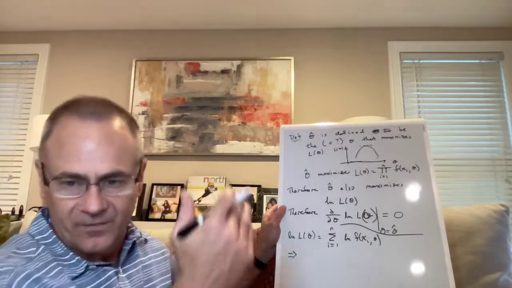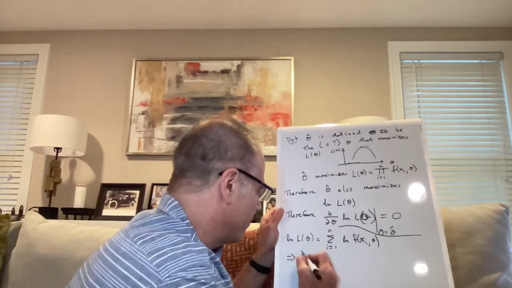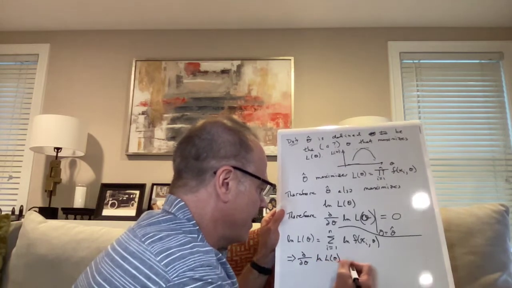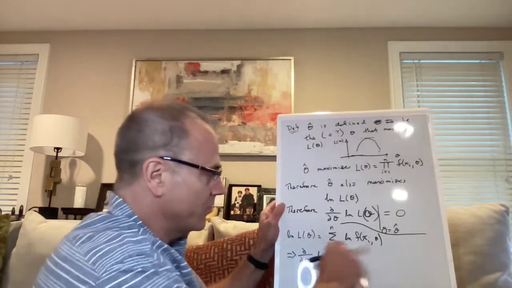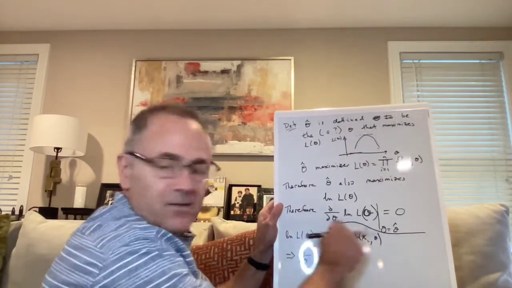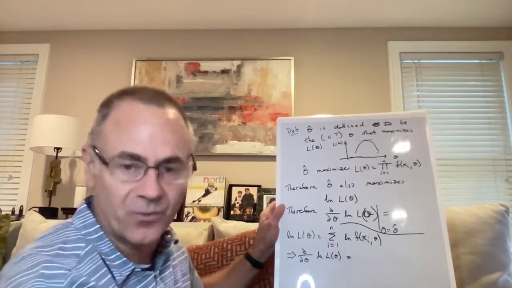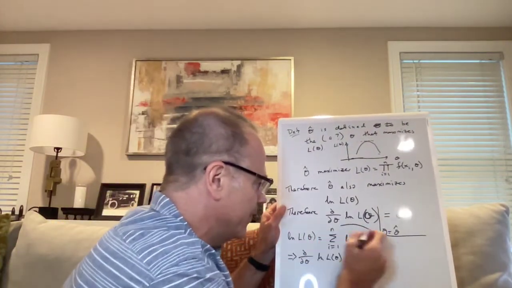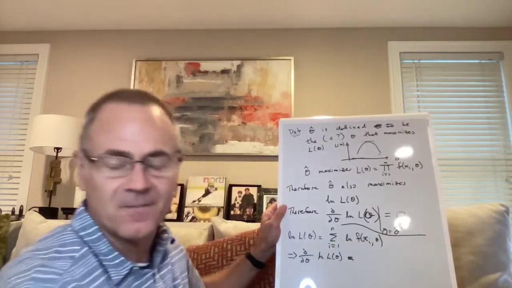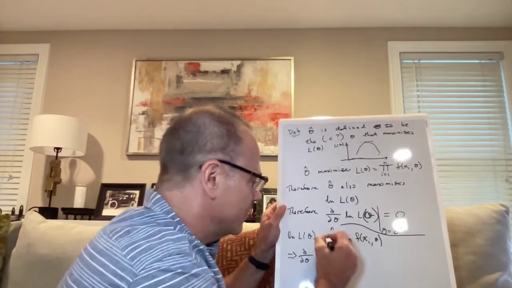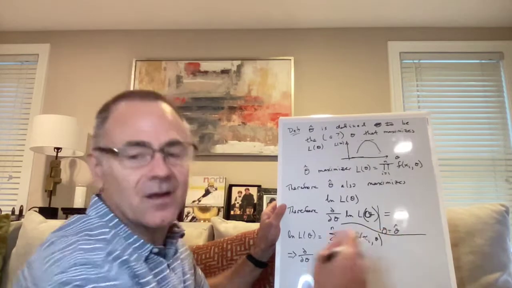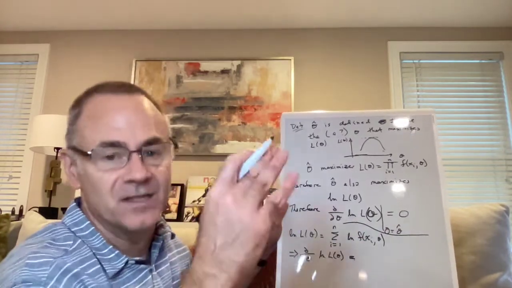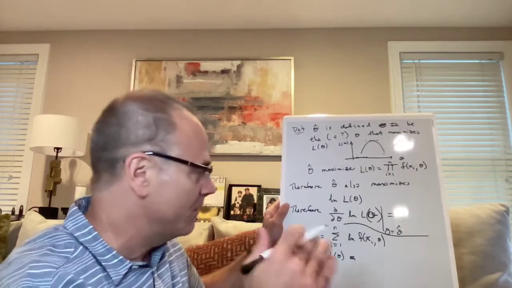If we take the derivative on both sides, the derivative of log L of theta has got to equal the derivative of the term on the right. We know from freshman calculus that the derivative of a sum is the sum of the derivatives.